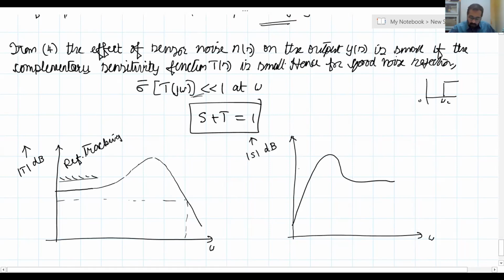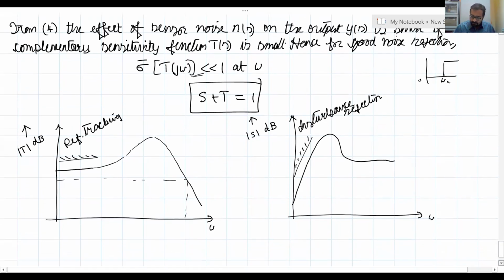So this region is good for disturbance rejection. The steeper the slope, the better the disturbance rejection. So this is the sensitivity function shape, and this should be the preferred complementary sensitivity shape.